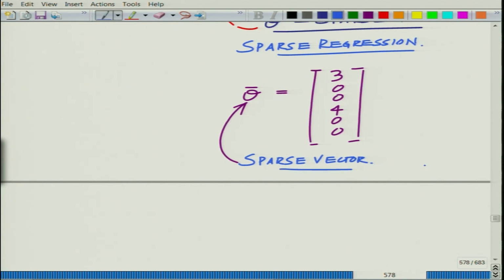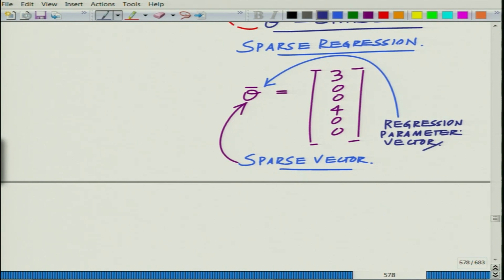This is also our regression vector, or regression parameter vector.